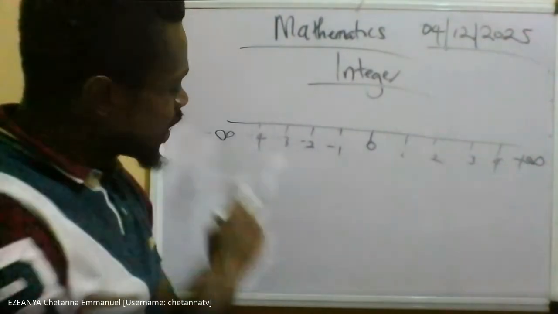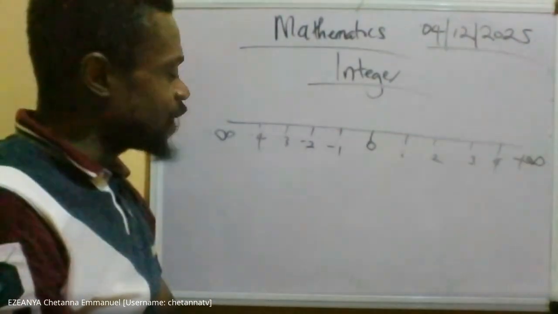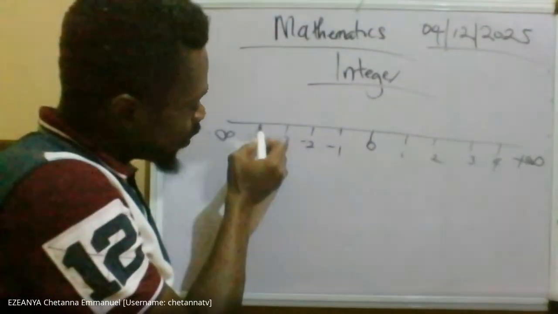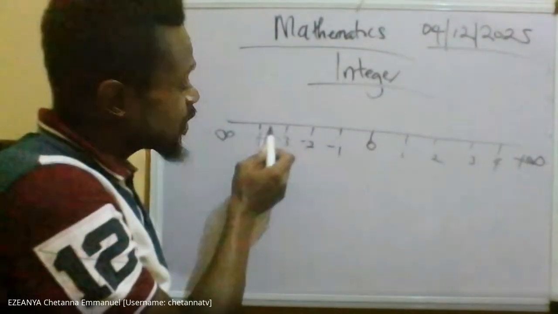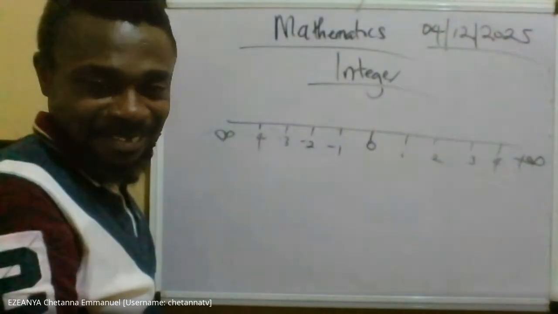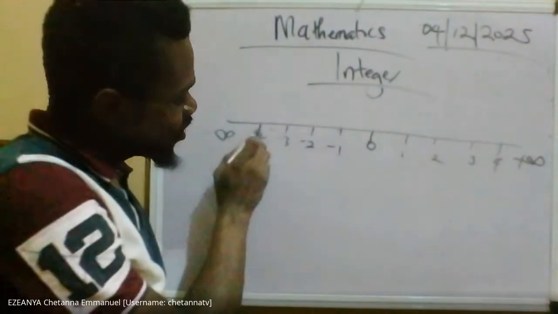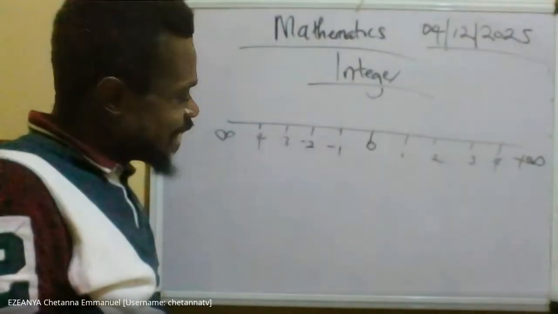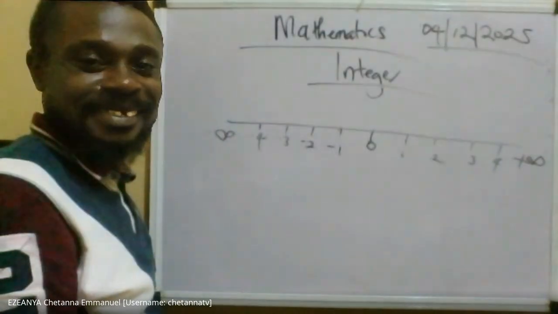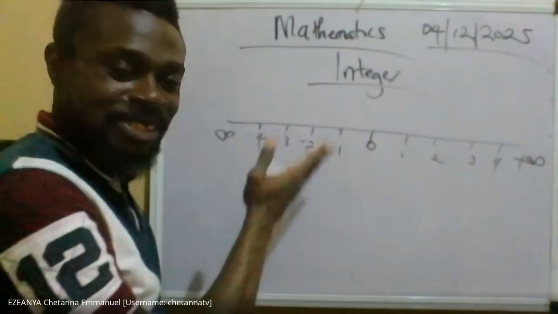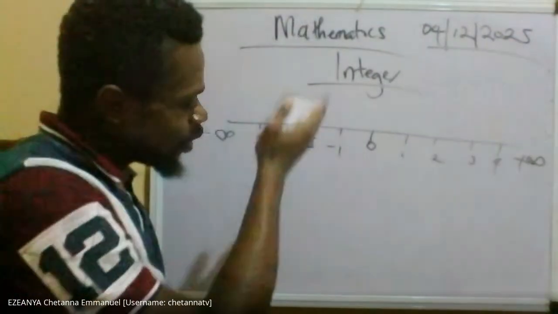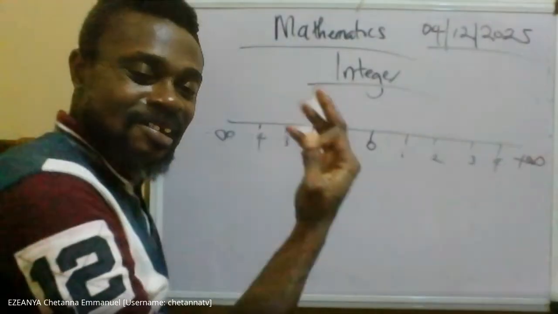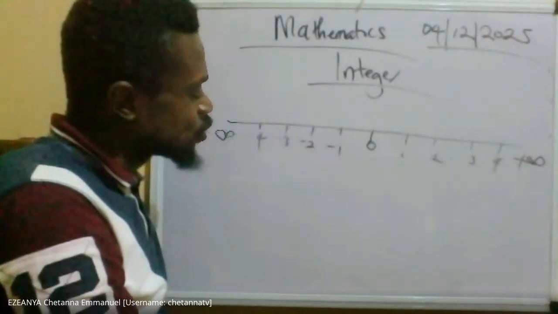Now, in between these integers, we have a lot of numbers. Between -4 and -3, a lot of numbers are here. These numbers are continuous. They are not concrete. You start seeing fractions, 1/3, 1/2.